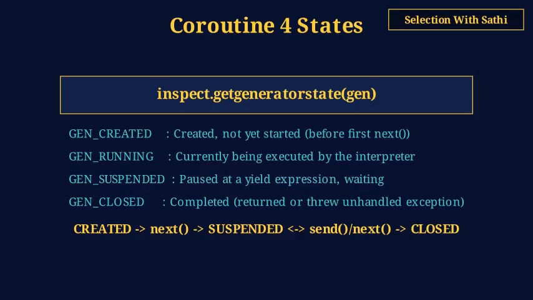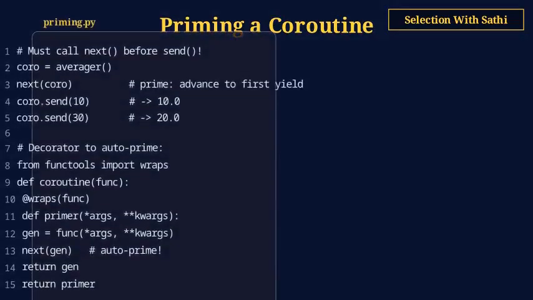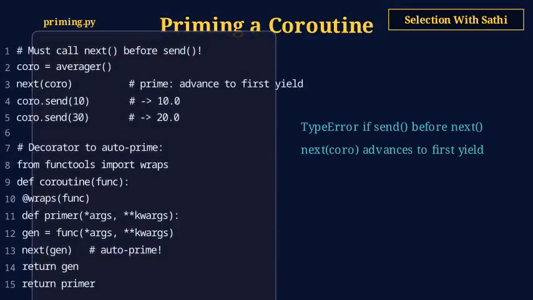Gen_suspended means it is paused at a yield, waiting for next or send. Gen_closed means it has finished, either by return, reaching the end, or being closed. You can check the state using inspect.getGeneratorState.